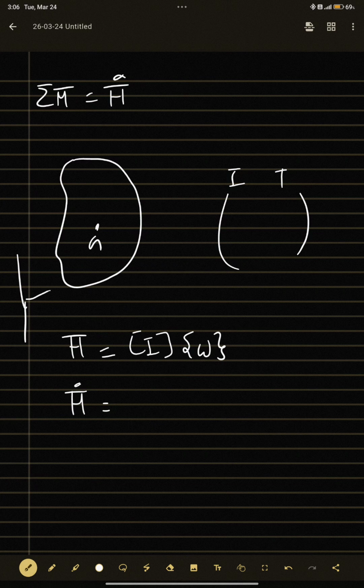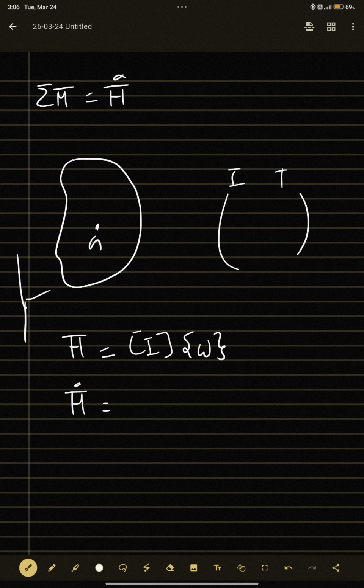That means non-diagonal terms will be present, because for this orientation your initial choice of axis is not the principal axis.